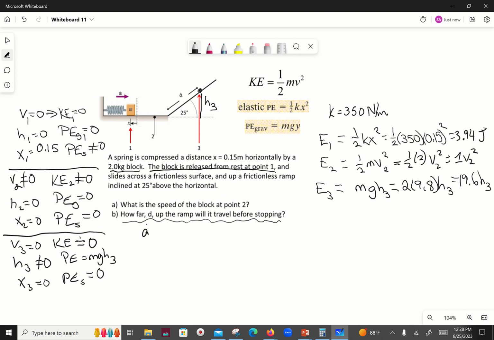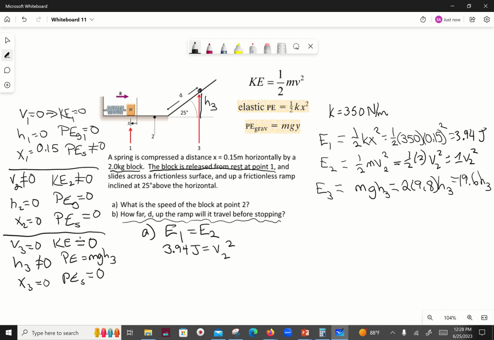So at point 2, for A, I'm going to set energy 1 equal to energy 2. Energy 1, 3.94 joules, is equal to energy 2, and energy 2 is just 1 times V2 squared.